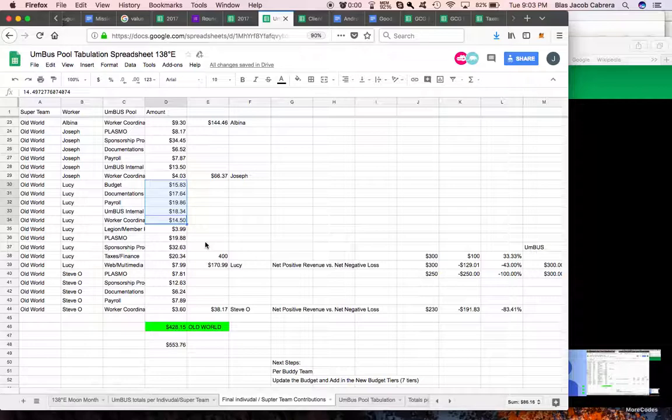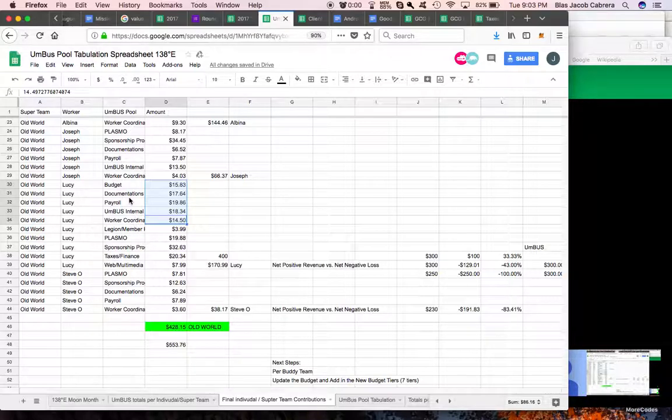Most of the things are under worker coordination, like scheduling. But scheduling isn't work. That's not billable work. Only internal ops billable work is billable. HR board, if it's not billable, then it's not.